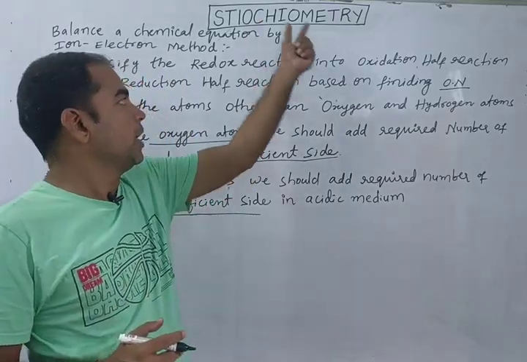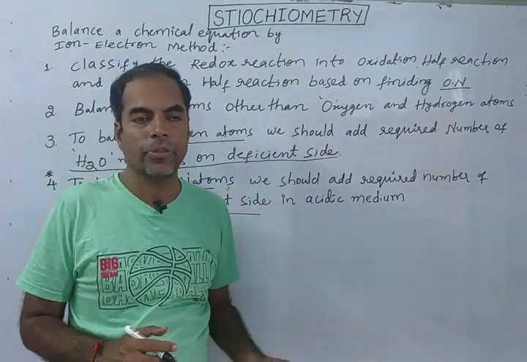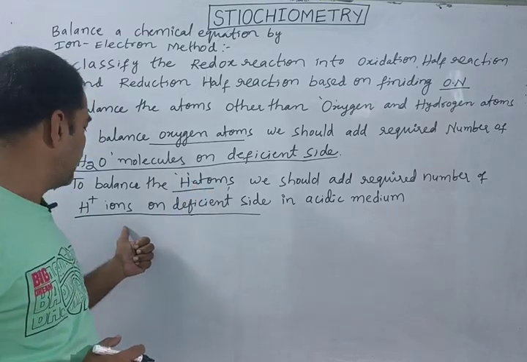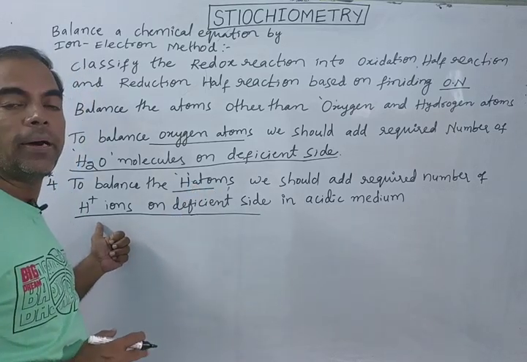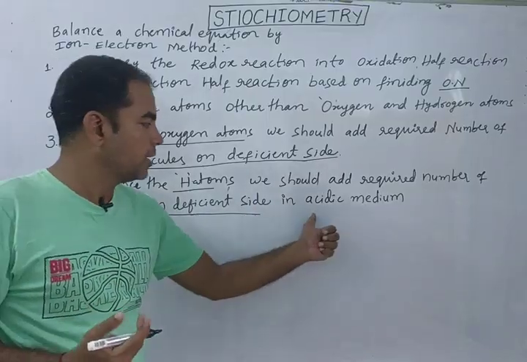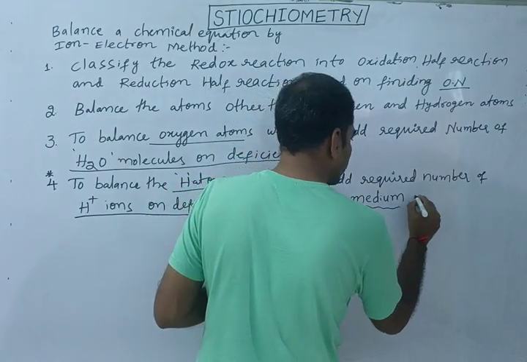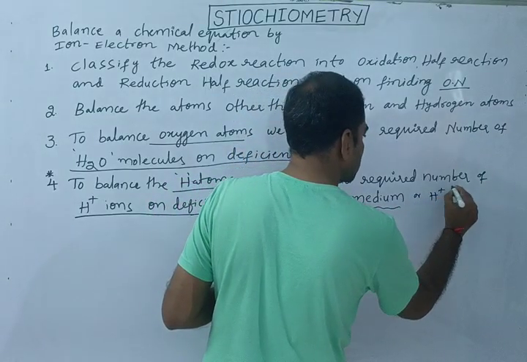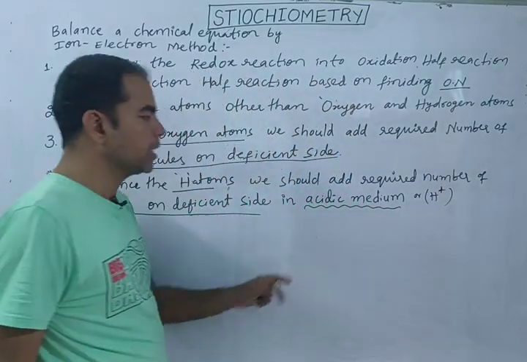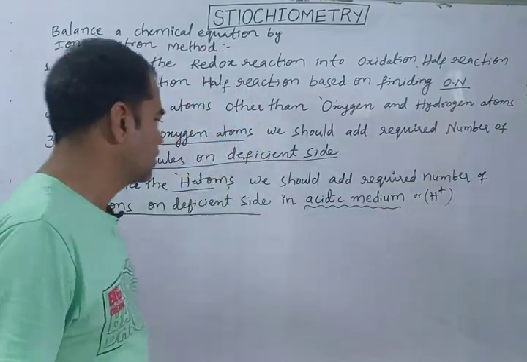If in your examination the question asks to balance the chemical equation in acidic medium, then you can balance the hydrogen atoms by adding the number of H plus ions on the deficient side. We can also represent acidic medium in the chemical equation as H plus.